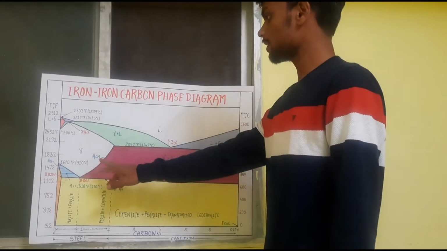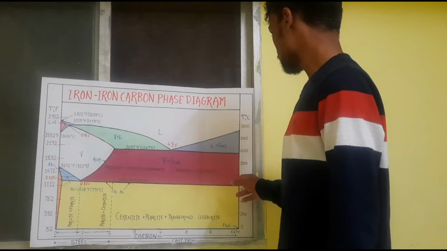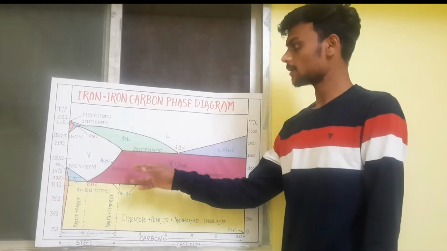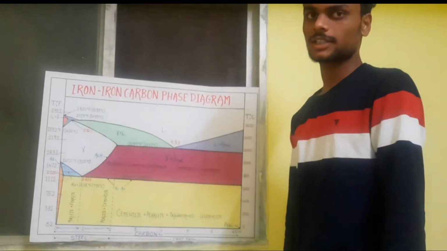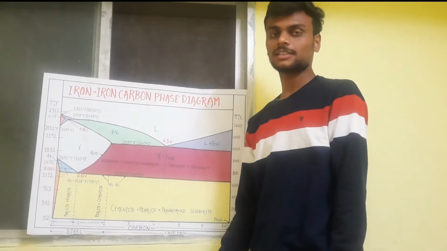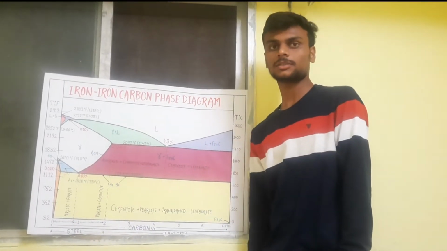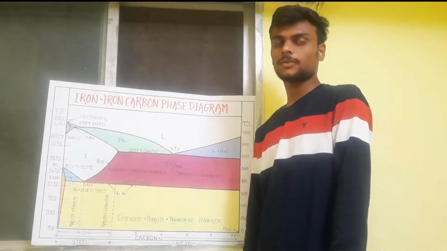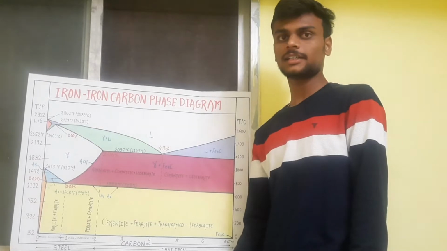ACM line, my range is between 727 and 1147 degrees Celsius, where the upper critical temperature of cementite is greater than austenite. A4 line, my temperature range is between 1400 and 1492 degrees Celsius, where austenite is greater than gamma ferrite.